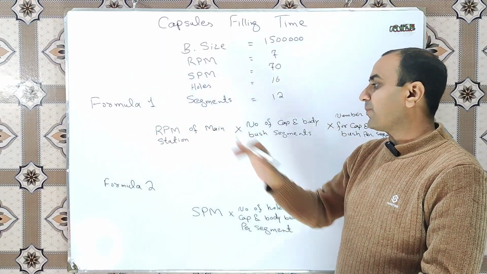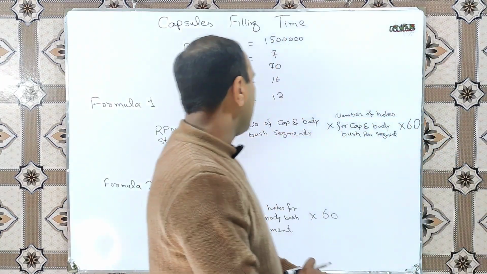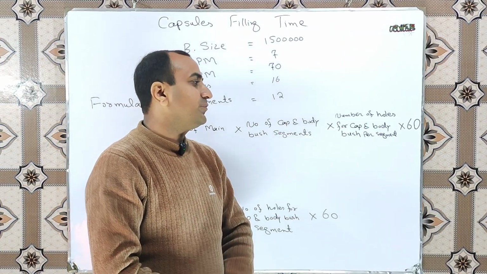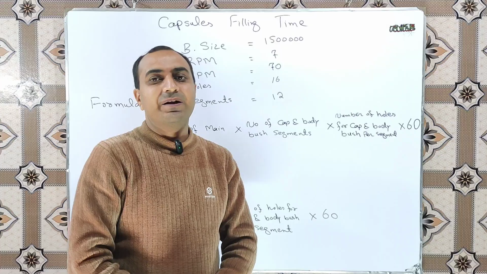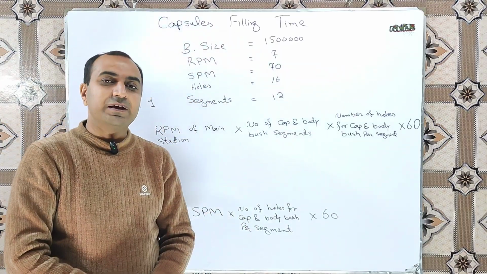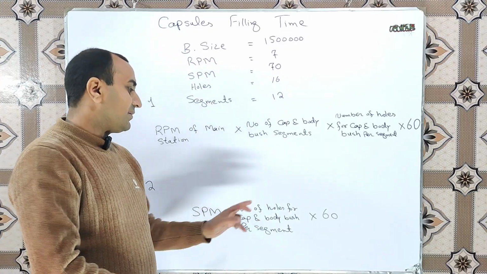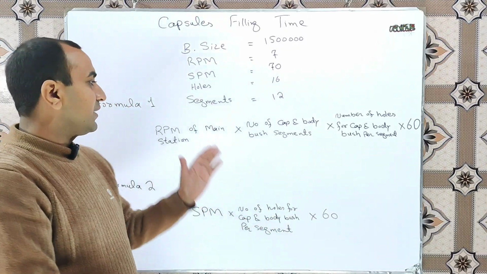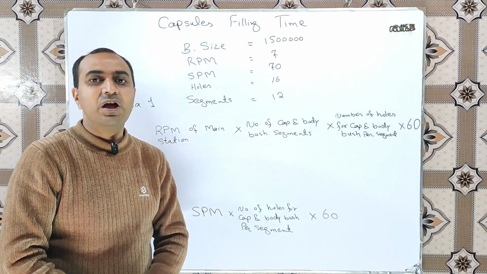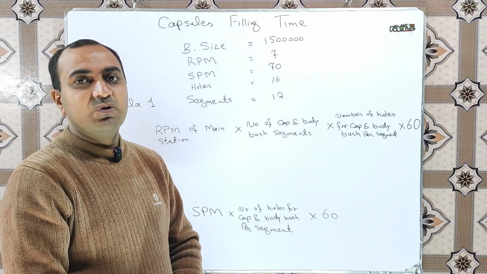Formula 1 is the RPM of the main station multiplied by the number of cap and body bush segments multiplied by the number of holes for cap and body bush per segment into 60, and formula 2 is SPM multiplied by the number of holes for cap and body bush per segment into 60. We have discussed these terminologies in detail in our previous video. Must watch the video to learn the details regarding these terminologies.